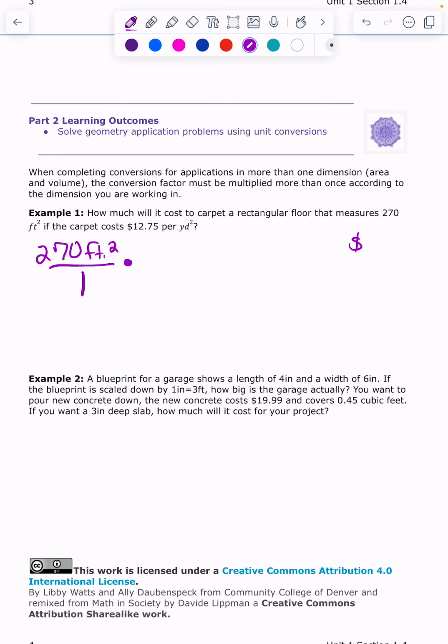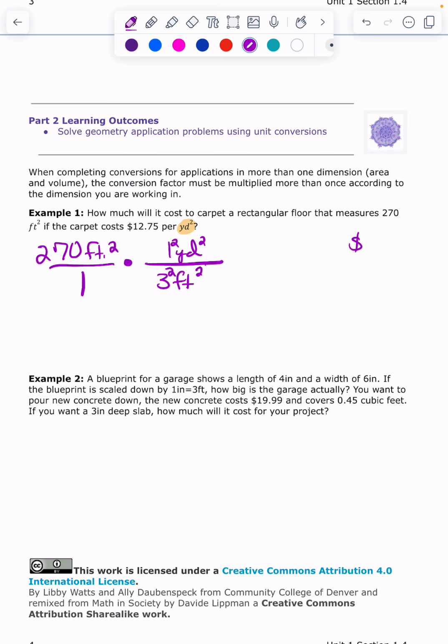All right, so we have a conversion to get us into dollars, but it involves yards. So first I'm going to change from feet to yards. And the conversion between feet and yards is that there are 3 feet in 1 yard. However, I'm working in square units, so everybody gets squared.